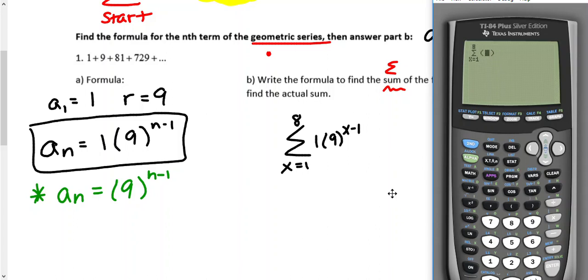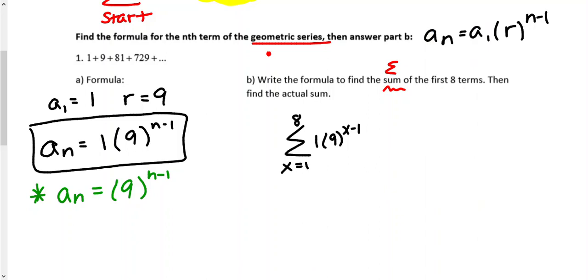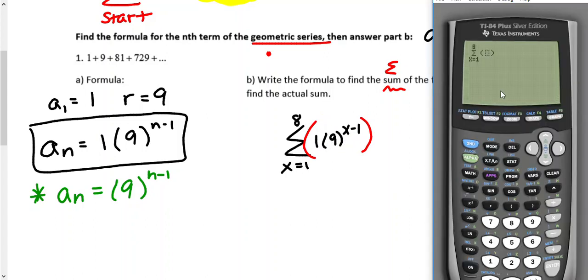Now, notice the calculator already gives you parentheses. Those parentheses in the calculator need to have the entire rule. So inside I'm going to type 1, then another set of parentheses for the 9 raised to the x minus 1.